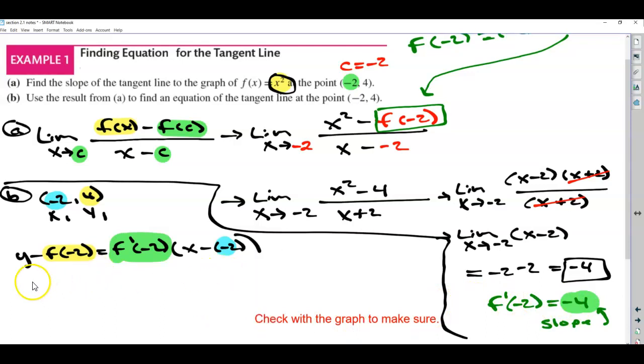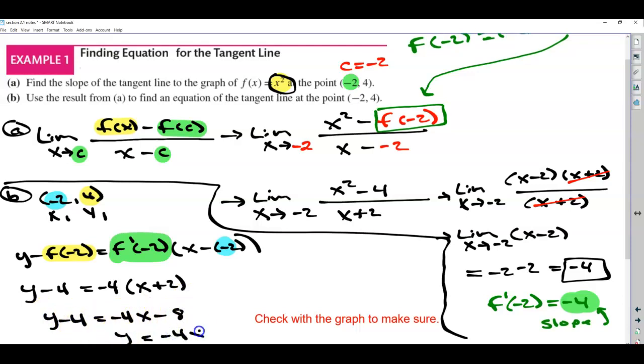So we're going to simplify. I know what f of -2 is. I know what the slope is. And I know that when the x is -2, this is going to make it +2. And you could technically stop here, but you could also distribute and then add the 4 over. And we end up with the equation of the tangent line.